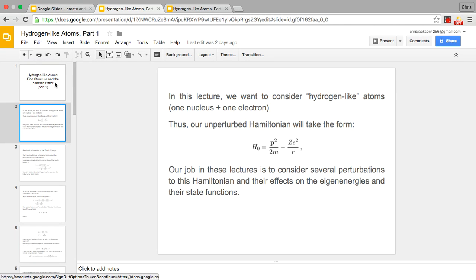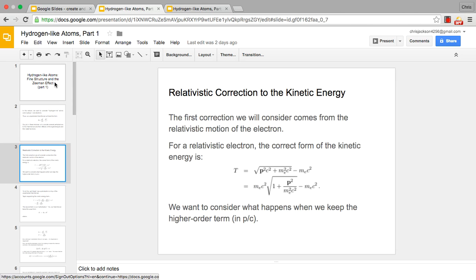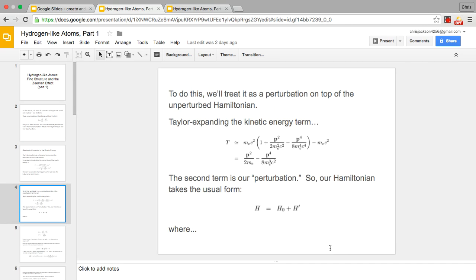And we started out by looking at corrections from accounting for the fact that the electron is relativistic. It's moving with relativistic speeds. And so what we did was we took the full relativistic kinetic term and expanded it out like you usually do, but instead of dropping the second order term, the p to the fourth term, we kept it and we treated it as a perturbation.